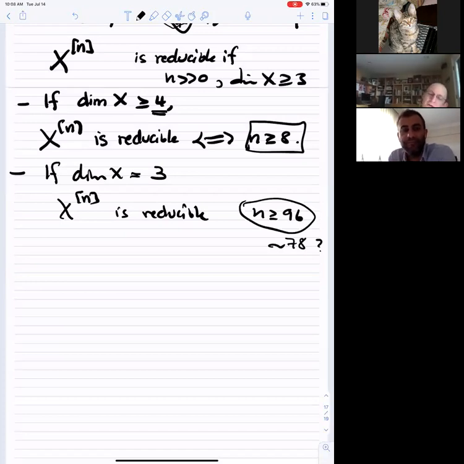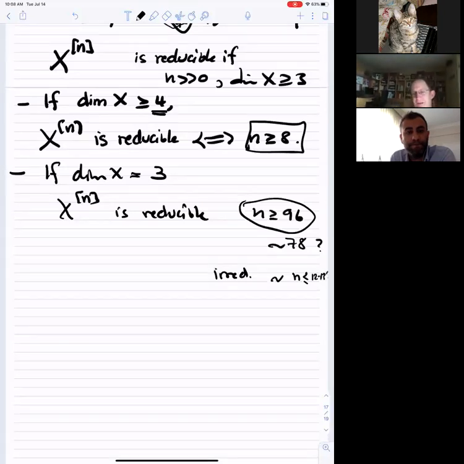And then it's known that it's irreducible for n less than 12 or 13 or something. These numbers again change. People prove more and more things. But there is a gap here of 50, 60 where we don't know what happens.